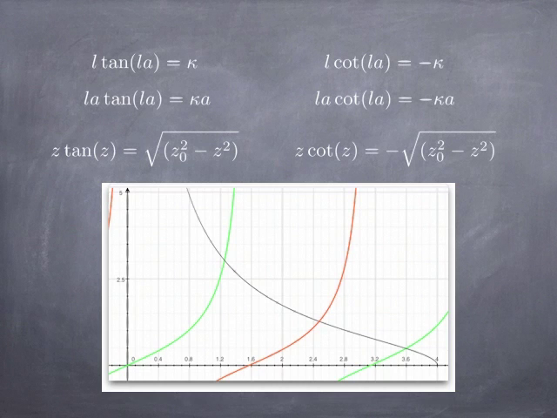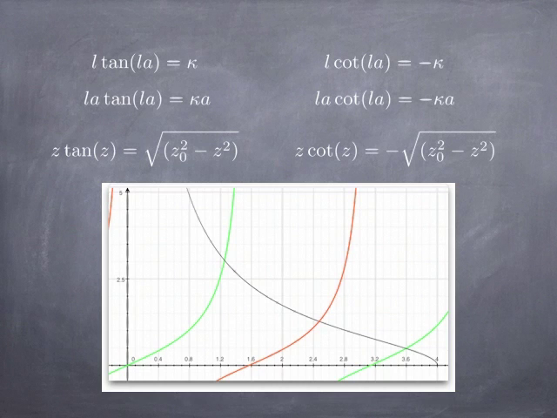If I've graphed the square root of z0 squared minus z squared divided by z as that black curve, and then the red and green curves are the tangent and minus the cotangent of z, you can see that for this particular value of z0, I think z0 is 4 in this picture, that there are 3 solutions, and 2 of them are even and 1 of them is odd.